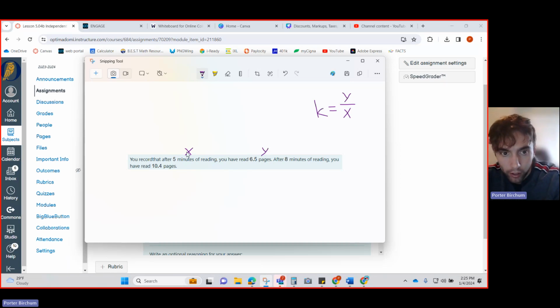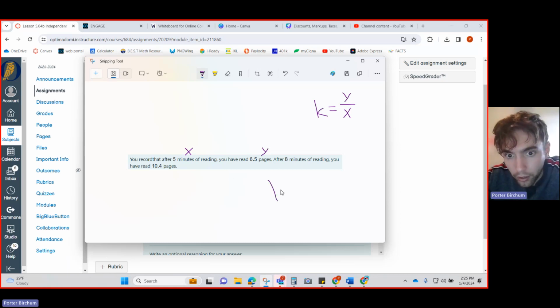So minutes are our x value, pages are our y value. Also, most of the time, when one of the units is time, like minutes, days, hours, that's going to be the x value, and the other one will be y. Most of the time, in most instances, that's the case.